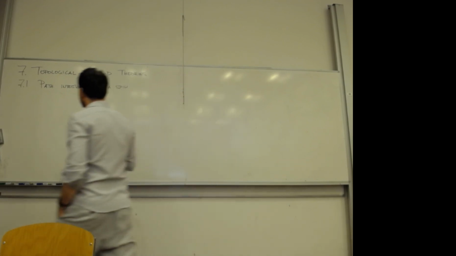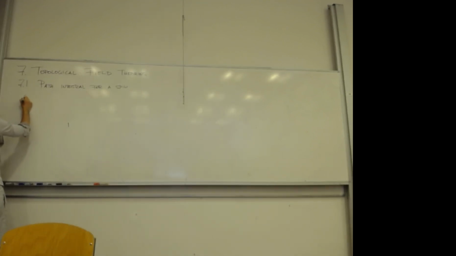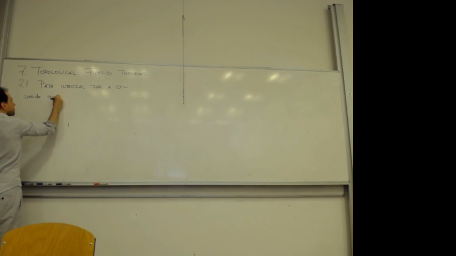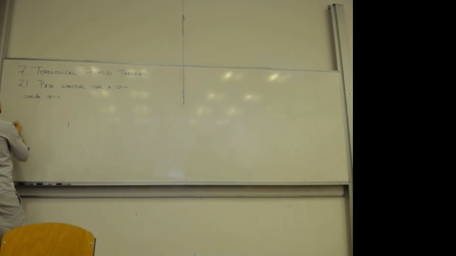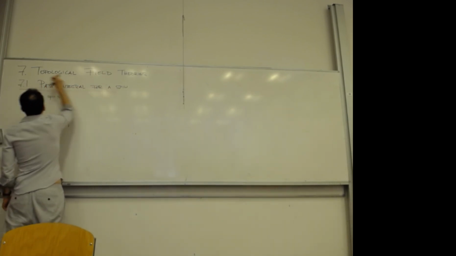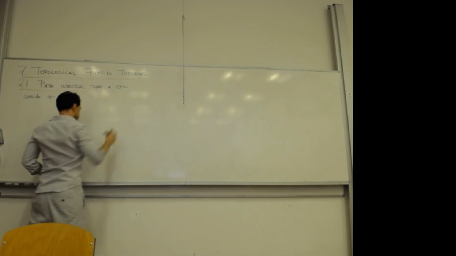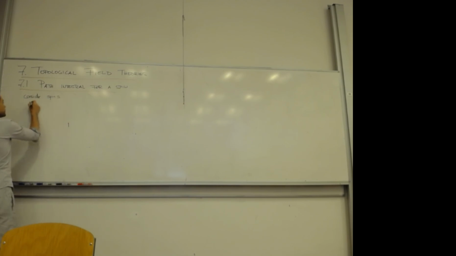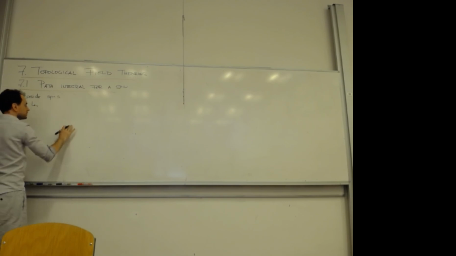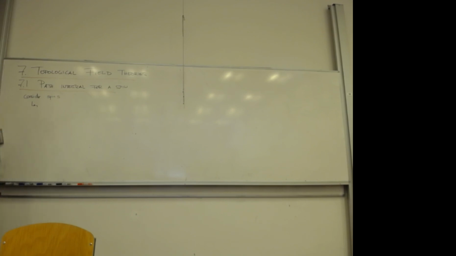So what we're doing is we're considering spin S. And what we need to define is the coherent states for the spin. Sort of the most semi-classical states that you could have.